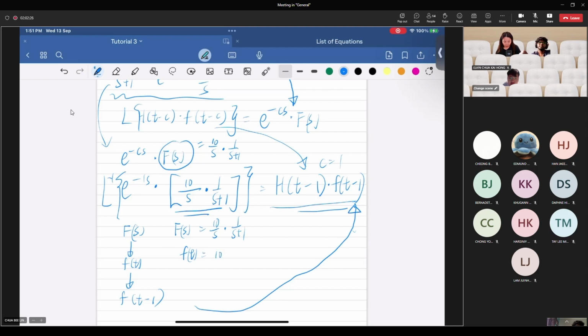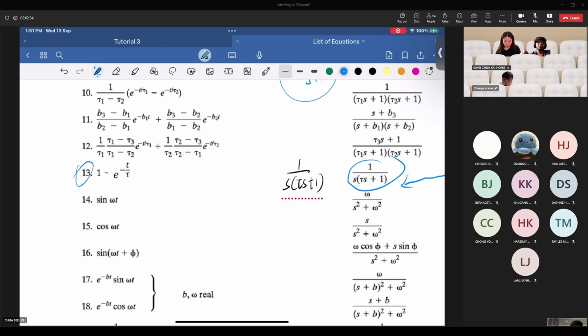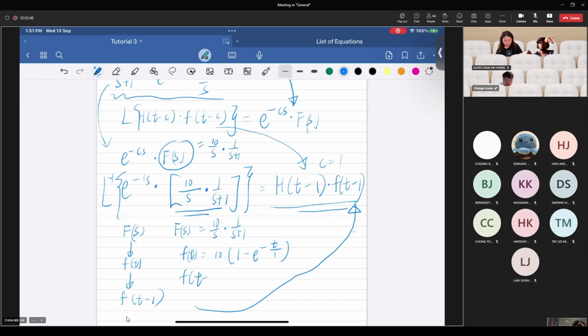You'll have 10, and your tau is 1. Then you change the whole function of t to t minus c, where your c is 1. So you'll have 10 times (1 minus e to the negative (t minus 1)), over the 1, don't need to write.